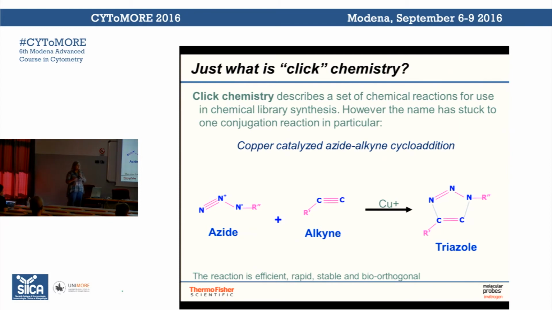Now, this reaction is highly efficient. It's rapid, and that's kind of the name. It happens like a click. It's stable in physiologic conditions, and most importantly, bioorthogonal. These reaction components are not normally found in nature, so they are very selective in their reaction.